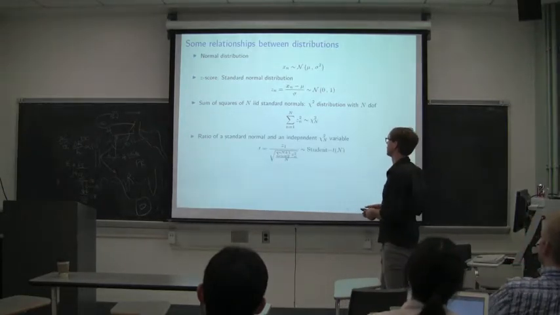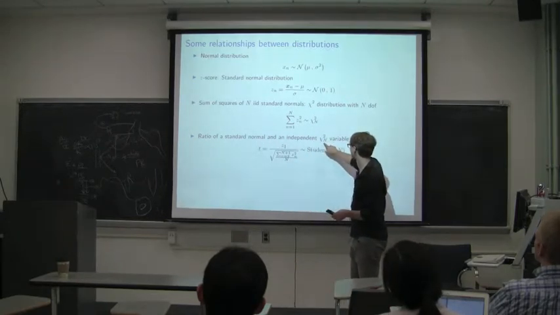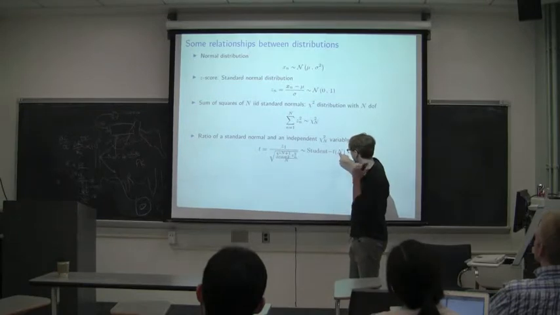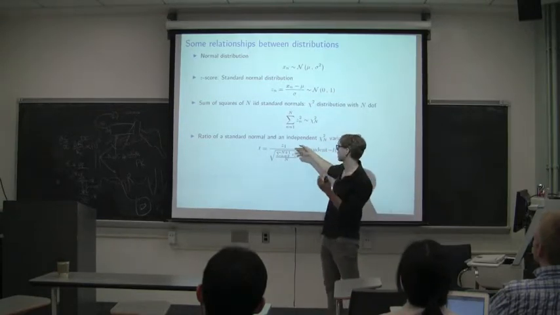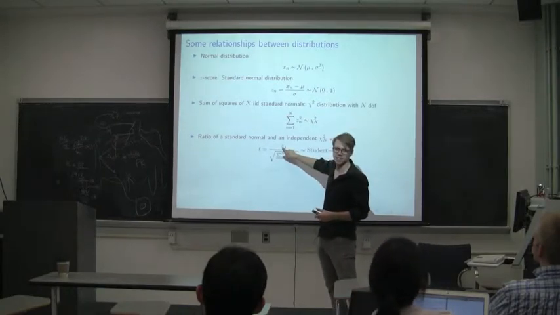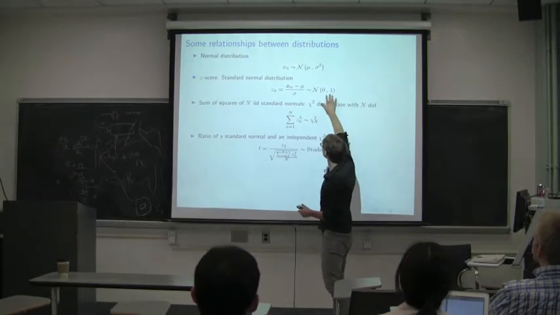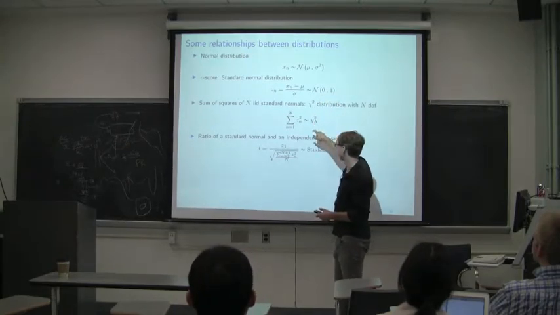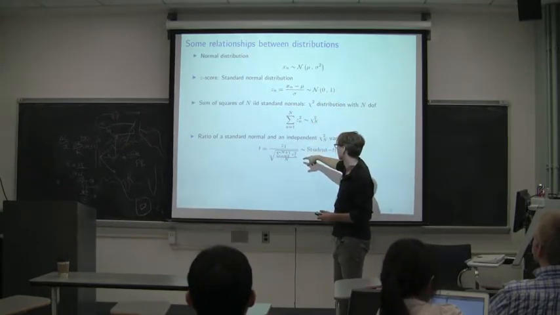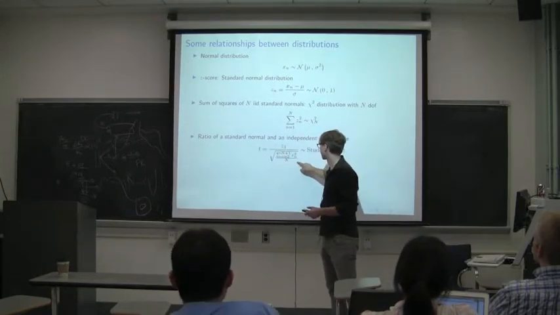If we take the ratio of a standard normal and an independent chi-square, we get something that is student t-distributed. So that's a way to get to this student t result. We had this z here, which was standard normally distributed, but we had to divide by something else.